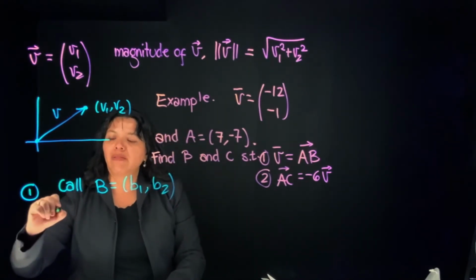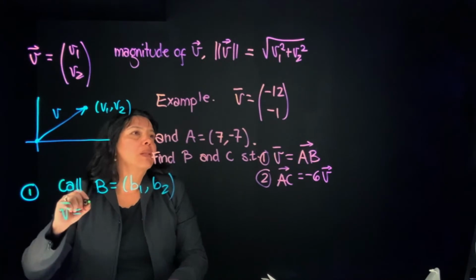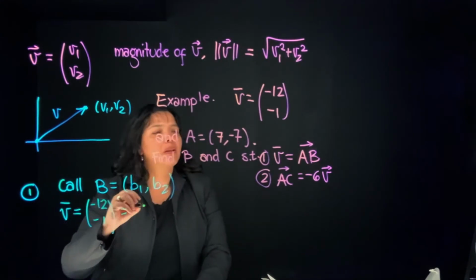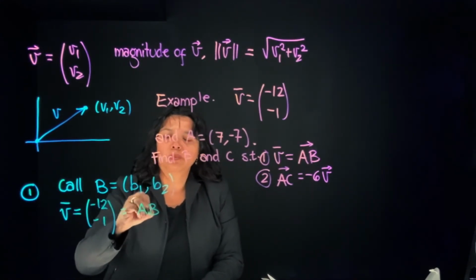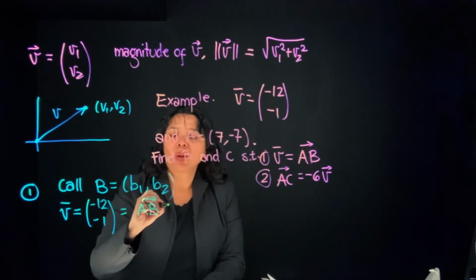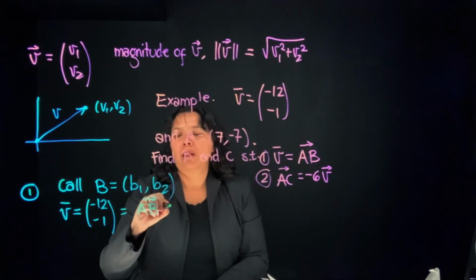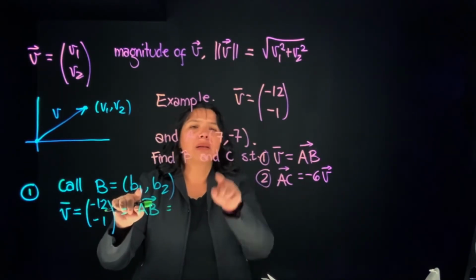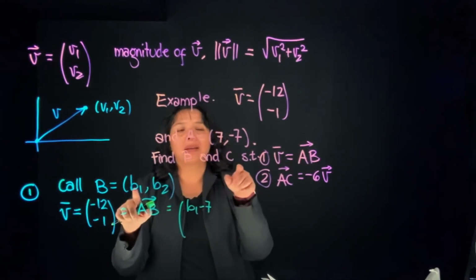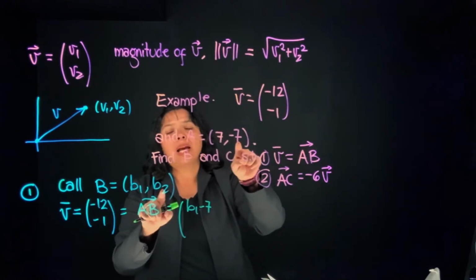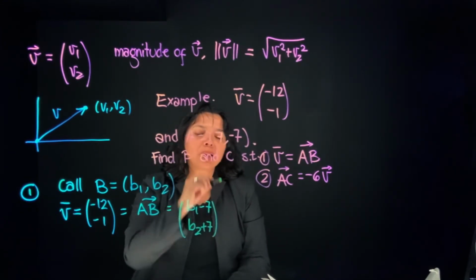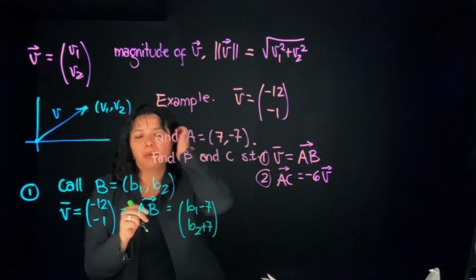I want my vector V, which I already know is -12, -1, to be the vector AB. And remember that AB would have the form B1 -7, if I write this in its algebraic form, and then B2 minus -7, so B2 plus 7. So you see how we're using the first formula that we saw in the previous page.